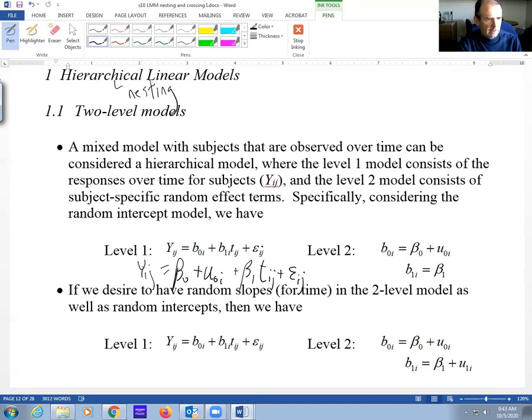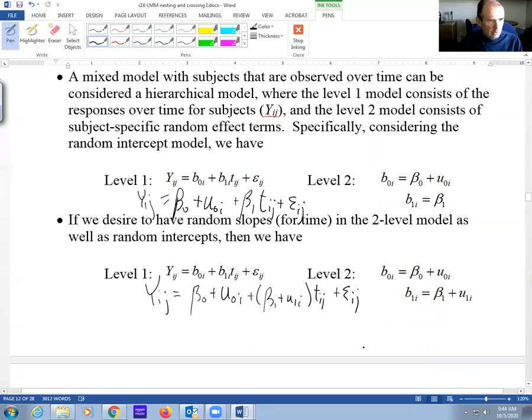And then the difference between that one and this one is that we just added a random slope for time. So here we just have beta naught plus random intercept. And then we have beta 1 plus U1i and time, that's our time variable.